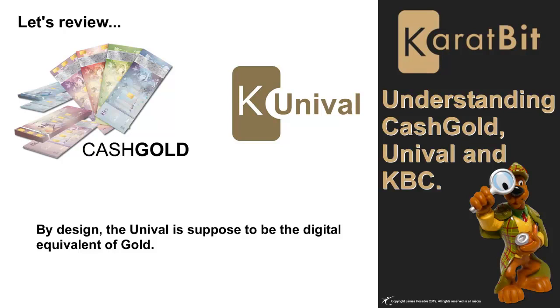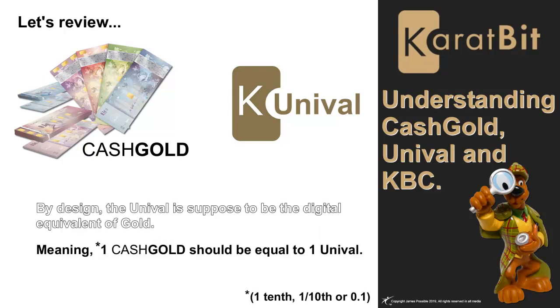And again, since the inception of the Karatbit exchange, this price difference has existed, and it's a costly price difference if you do not understand it. So again, 1 Cashgold should be equal to 1 Unival, not only in quantity but also in value, right?